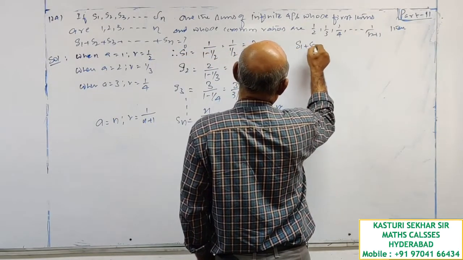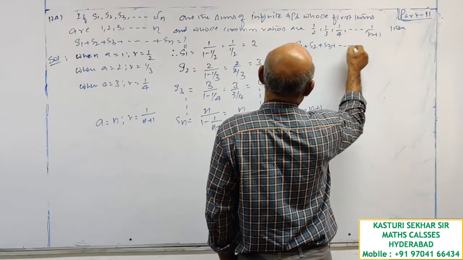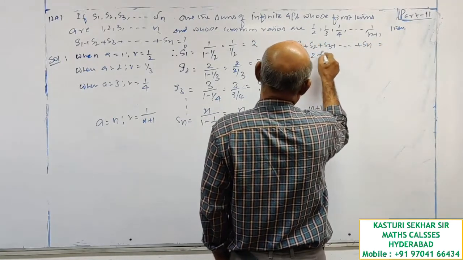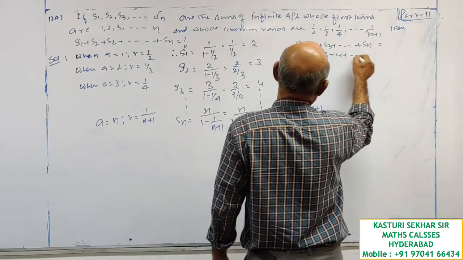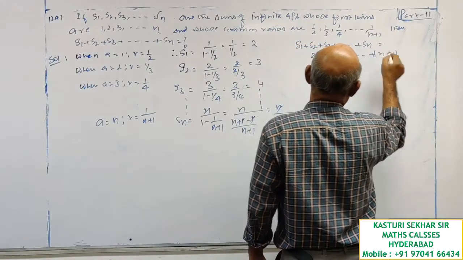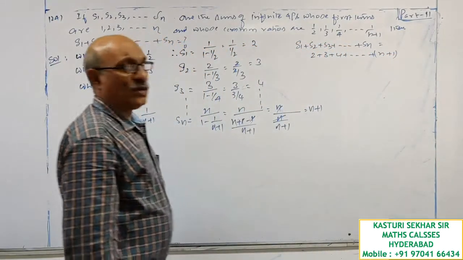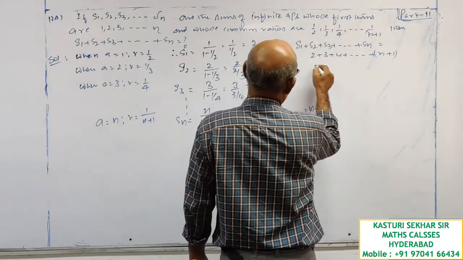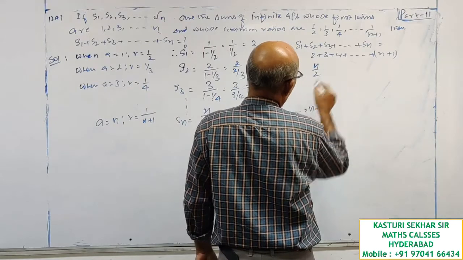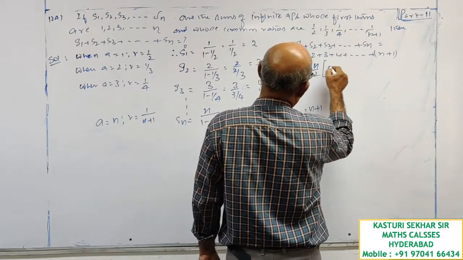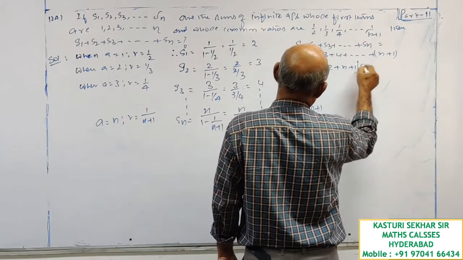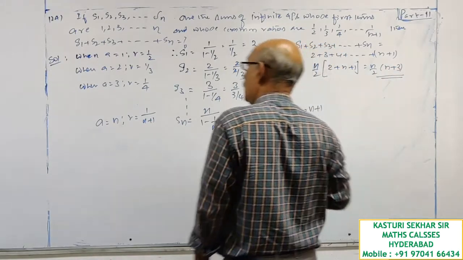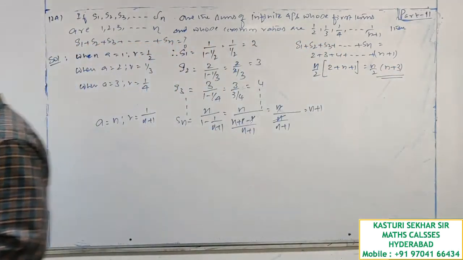So S1 plus S2 plus S3 plus etc. plus Sn is equal to 2 plus 3 plus 4 plus etc. plus n plus 1. Now it is in arithmetic progression with n terms. Sum is equal to n by 2 into first term plus last term, n by 2 into n plus 3.